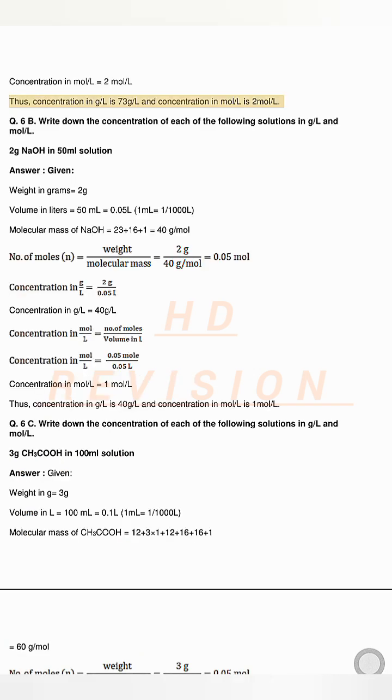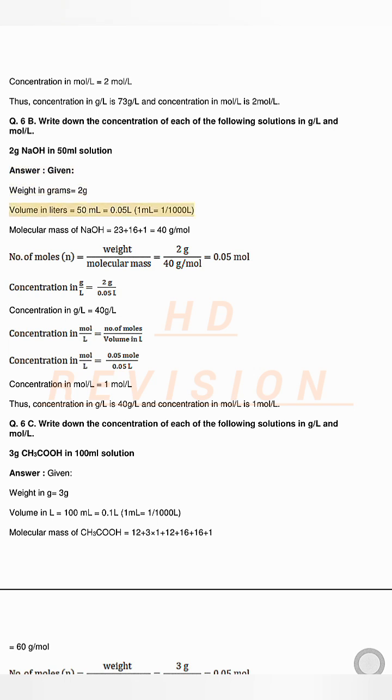Thus, concentration in gram per liter is 73 grams per liter and concentration in mole per liter is 2 moles per liter. Q6B. Write down the concentration of each of the following solutions in gram per liter and mole per liter. 2 grams NaOH in 50 milliliters solution. Answer. Given. Weight in grams equals 2 grams.